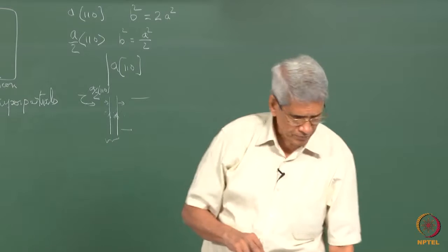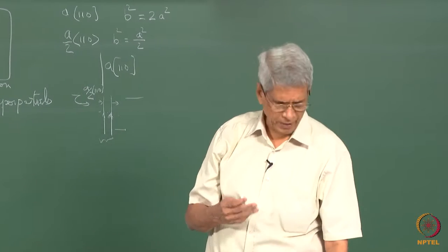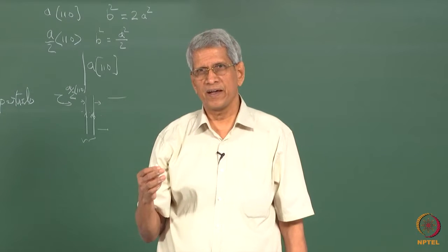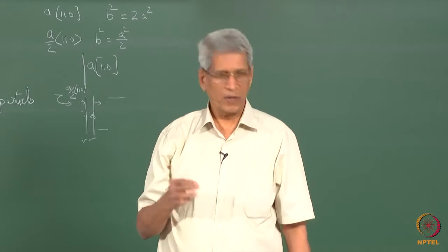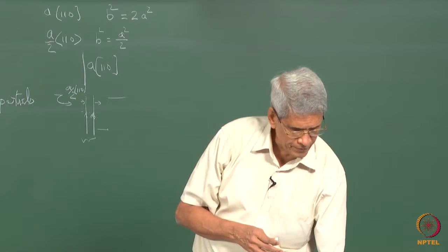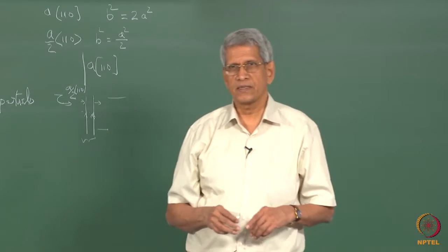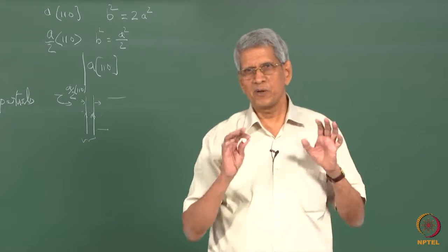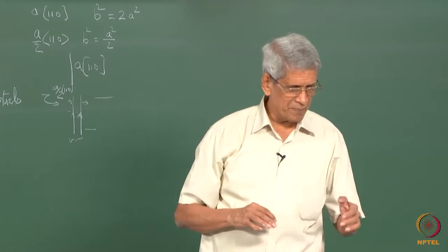Okay. So, this is one way it can happen, because I am just trying to give you a flavor of all the types of dislocation reactions which are possible in ordered lattices. Let us consider a third case. Okay. With this case, we will stop talking about these ordered lattices.